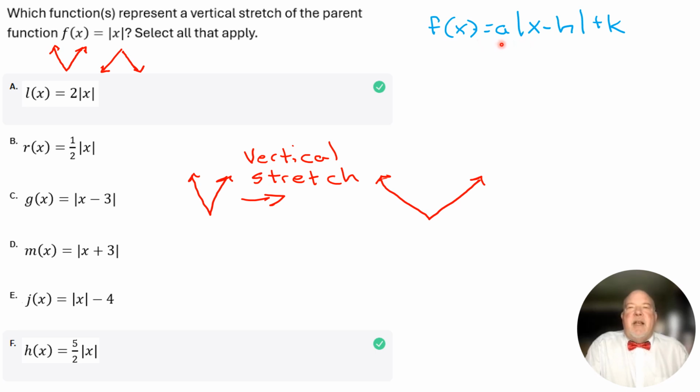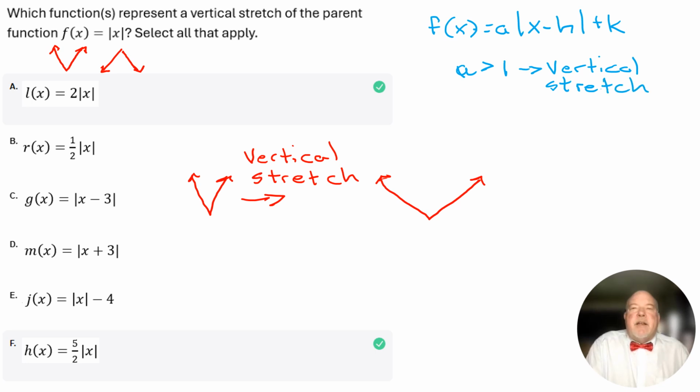And so if the a value is greater than 1, let me write that down for you. If a is greater than 1, then that causes a vertical stretch. And that's really all you need to know for this.